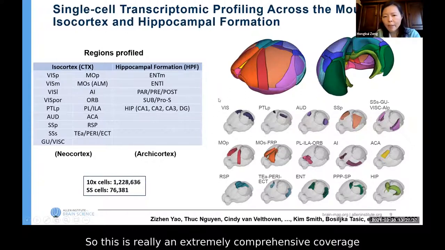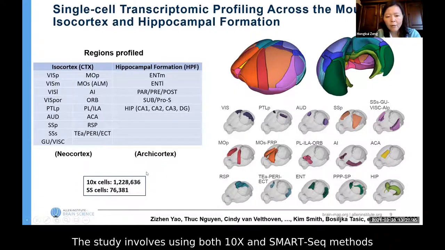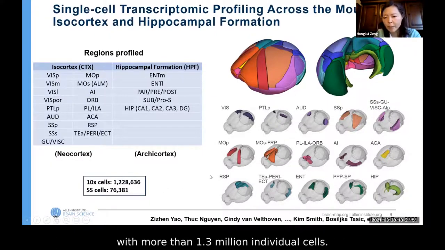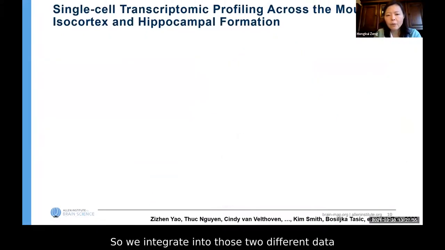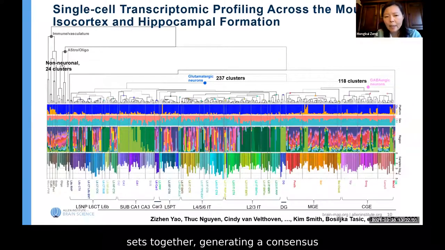So this is really an extremely comprehensive coverage of the entire cortical sheet. The study uses both 10x and SMART-seq methods with more than 1.3 million individual cells. We integrated those two data sets together, generating a consensus transcriptomic taxonomy tree.